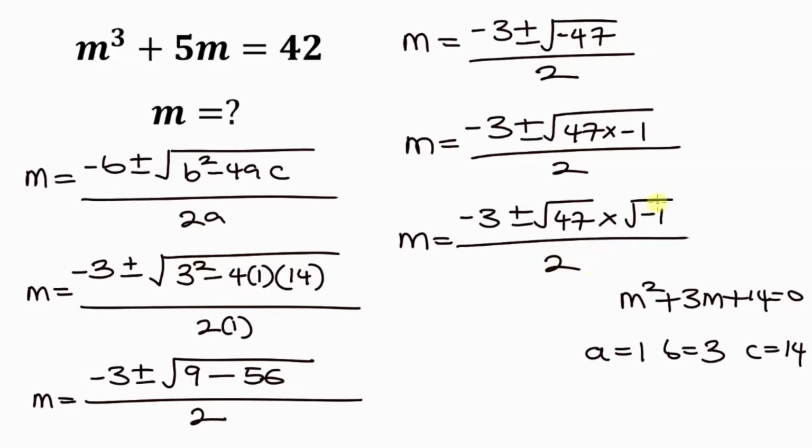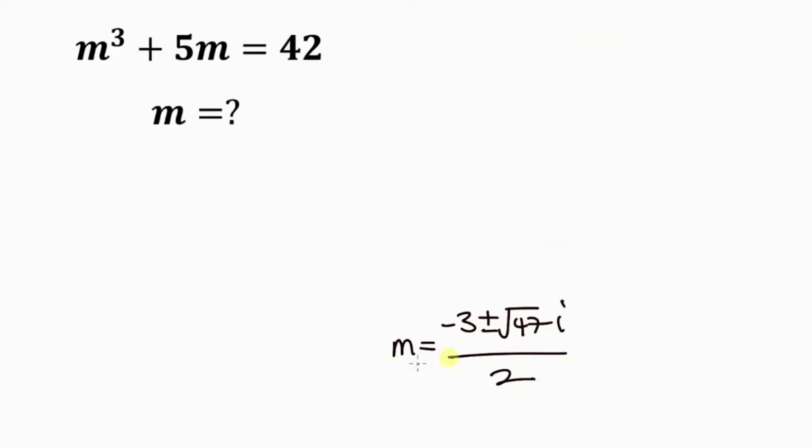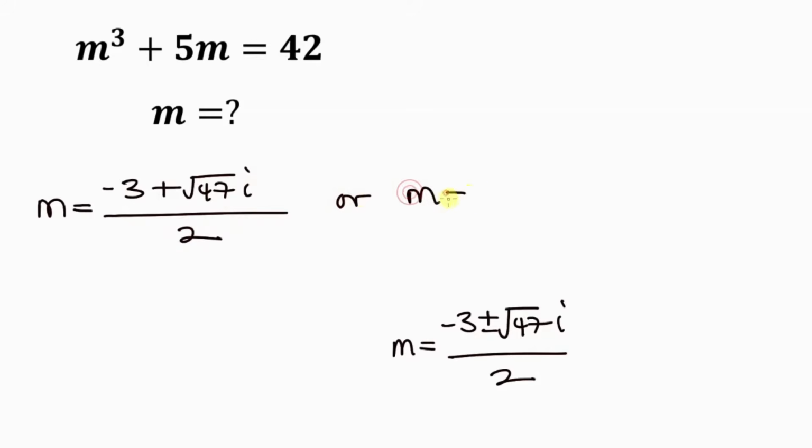Now we know that the square root of negative 1 is i, which is iota. So that means our m will be negative 3 plus or minus, now the square root of 47 times i all over 2. Now let's separate the two values of m from here. So we have m to be equal to negative 3. We'll go with the plus first, plus the square root of 47i all over 2, or m is equal to negative 3.